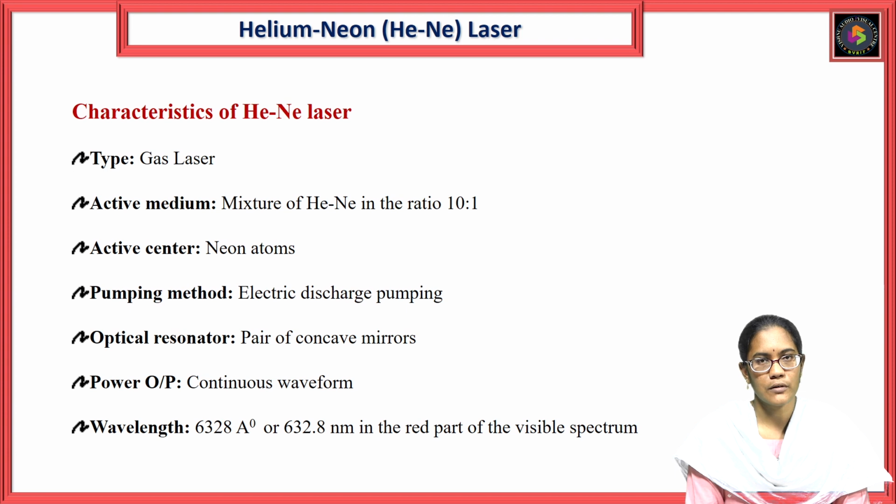The output coming from this helium neon laser is in continuous mode. The wavelength of this laser is 6328 angstroms or 632.8 nanometers, which falls in the visible region of the electromagnetic spectrum. These are the general features of the helium neon laser.